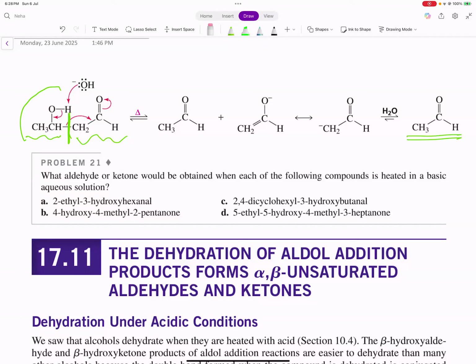You can do either way. I'll just put it there that you can break from here. So you have to break it from alpha beta. On the right hand side, you'll get acetaldehyde. You saturate it, right? And on the left hand side, you know that we have to use two aldehydes or ketones, so you make the corresponding aldehyde. You get it.